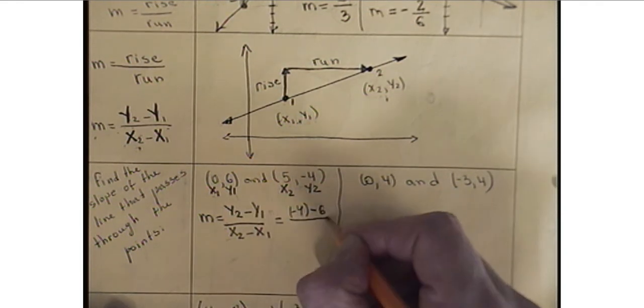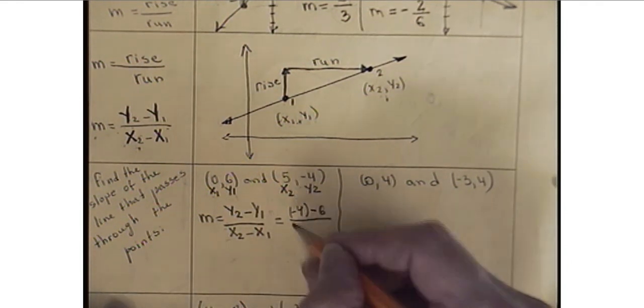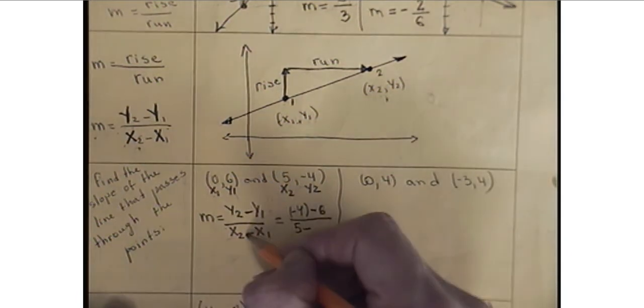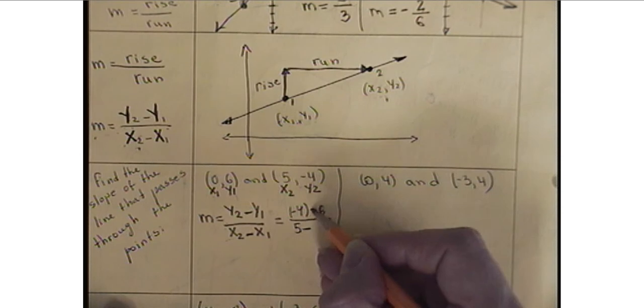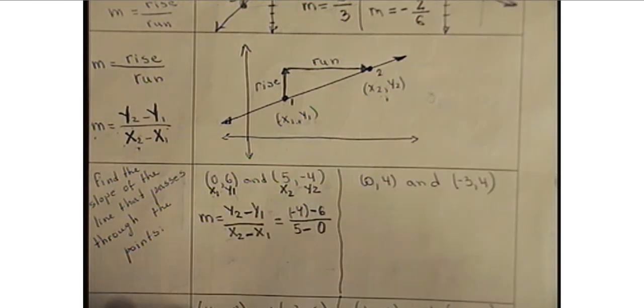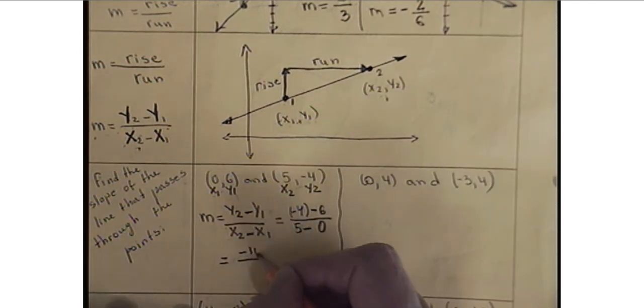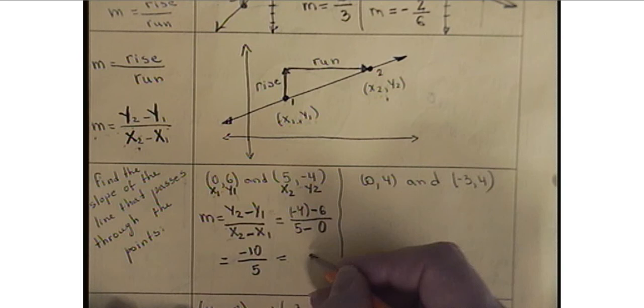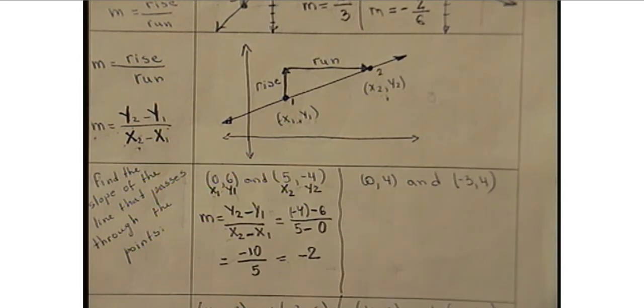This is over x2, which is now 5, minus, and notice that the formula has a negative sign, so we are using that minus, and x1 is 0. This will be equal to negative 4 minus 6, which is negative 10 on the top, and 5 minus 0 is 5. So negative 10 over 5, or negative 2, will be my final answer for this slope.